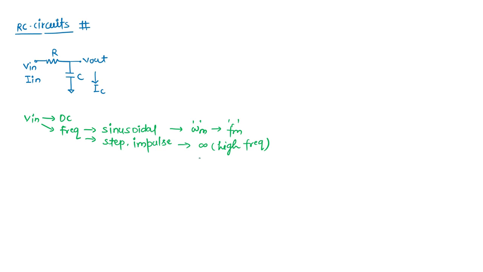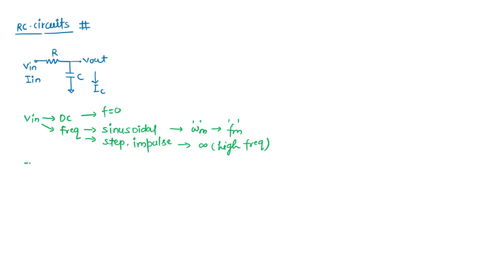Infinite frequency simply means we are changing the state of the input in no time, or ideally in very little time. So the possible inputs are DC inputs with zero frequency, that is f equal to 0, and sinusoidal, step, or impulse signals, and a pulse can also be there.